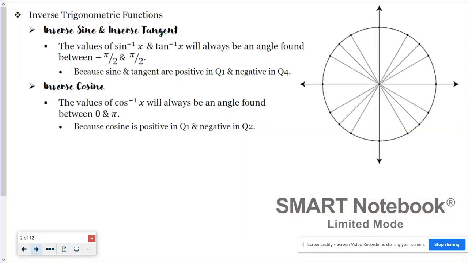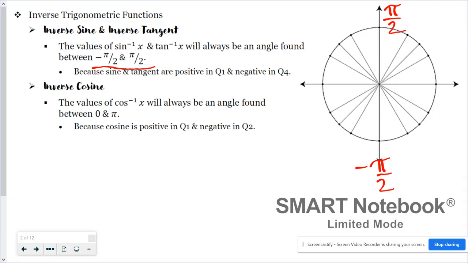Our calculators are programmed to follow these rules. When I use inverse sine, my calculator is going to give me an angle between -pi/2 and +pi/2. So it's giving me an angle in quadrant 4 or in quadrant 1.